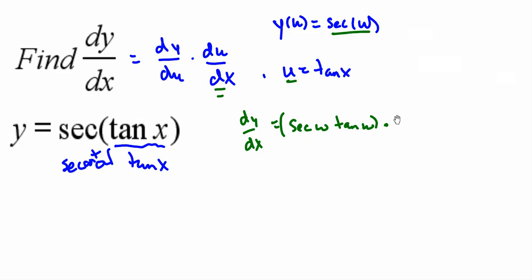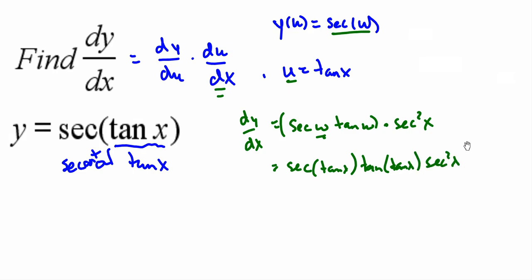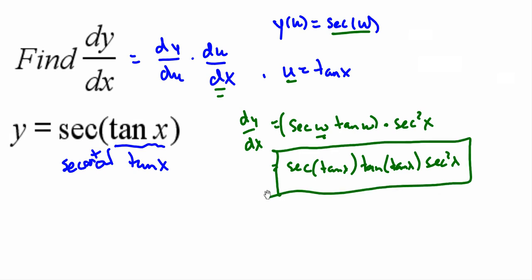Which is going to be equal to secant squared of x. And so now we want to replace back all the values. What's u? So we have secant of tangent of x times tangent of tangent of x, all right, times secant squared of x. This is not tangent squared. These are inside of the function, but guess what? That's our derivative. This is a chain rule.